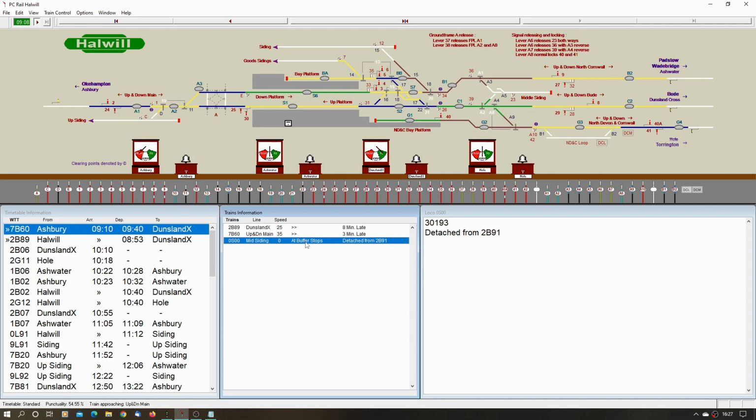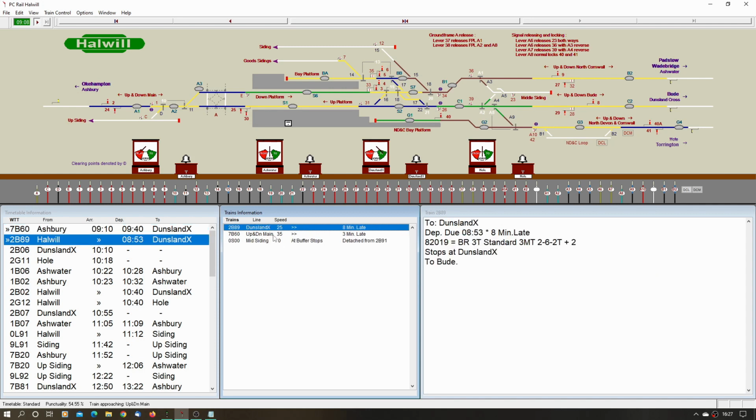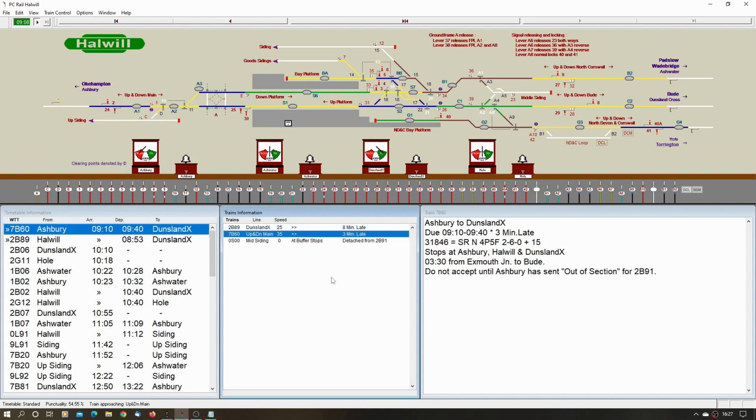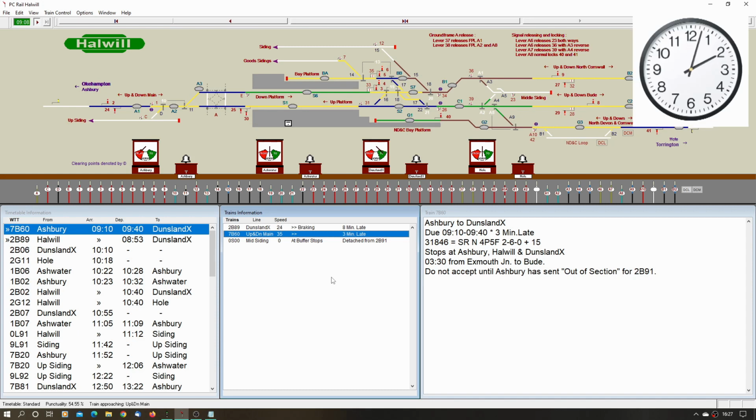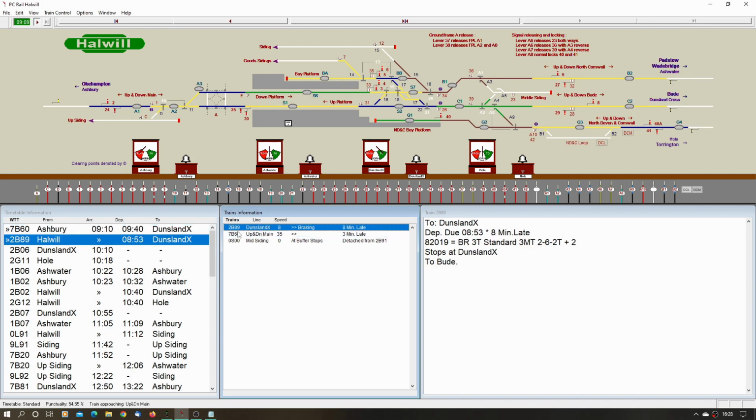So that's at the buffer stops now, so that's not doing anything. Right, I'll just quickly speed on a bit now. Right, the passenger train is braking for Dunsland Cross Station, and we should get out of section shortly for that.